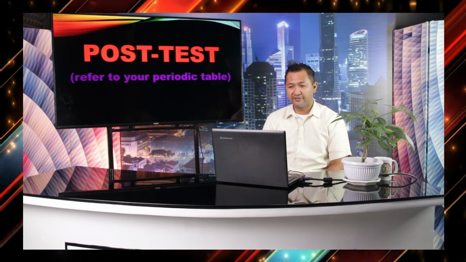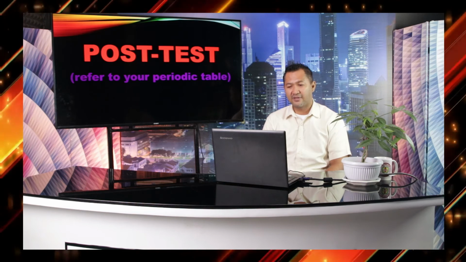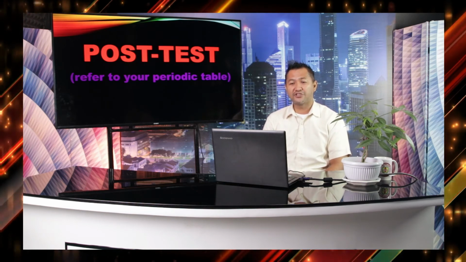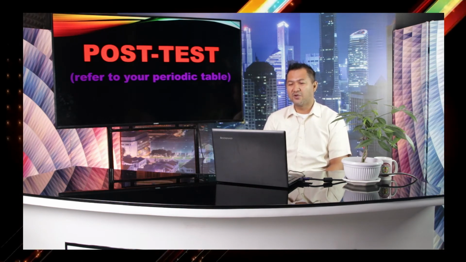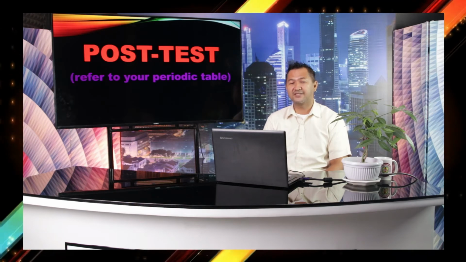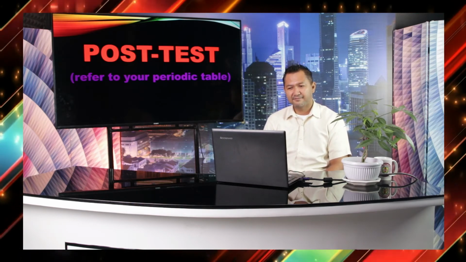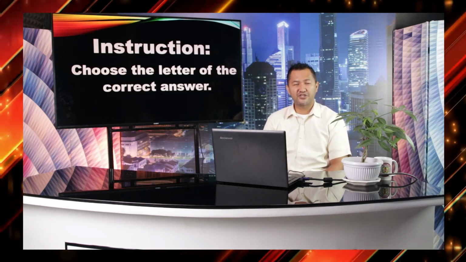Now that you have learned how to locate the atomic number of an atom and determine the number of protons, electrons, and neutrons in an atom, I bet you are now ready for our post-test. Shall we? Instruction.